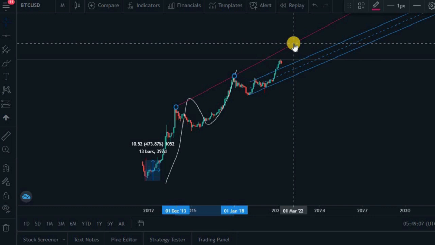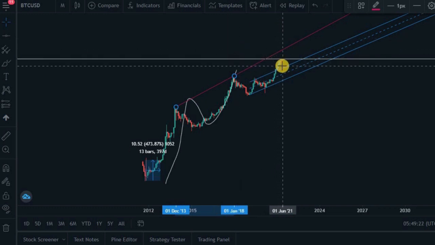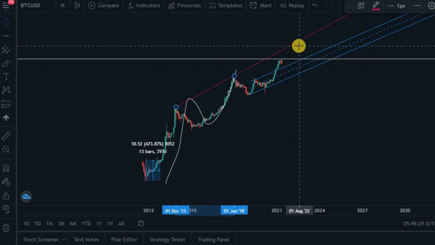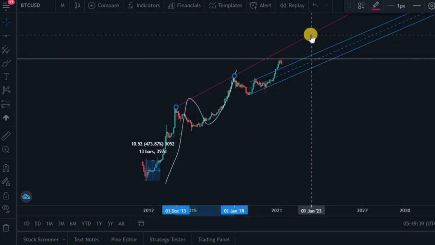So if the price gets to this channel later rather than sooner, we see bigger numbers. Obviously it's not bad if the price gets back a little bit here, let's say to 32 or 33, and corrects itself and then goes up, because we see bigger numbers in the future because of this ascending channel. So in my opinion, in the bigger picture, we see big numbers.